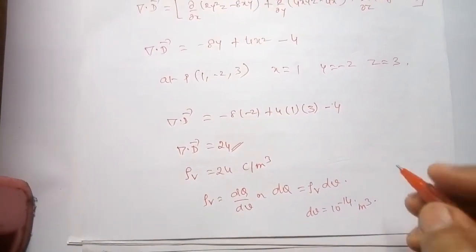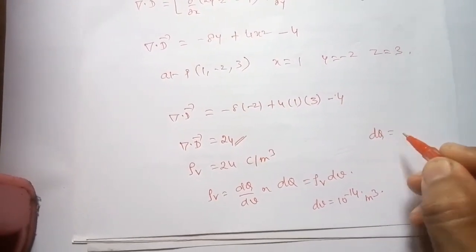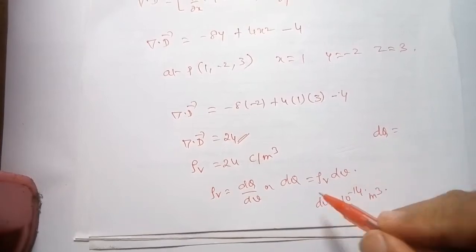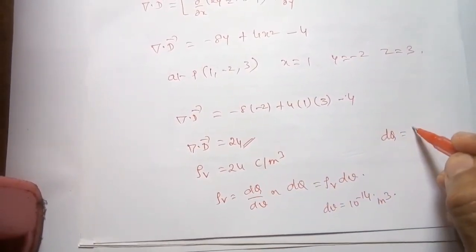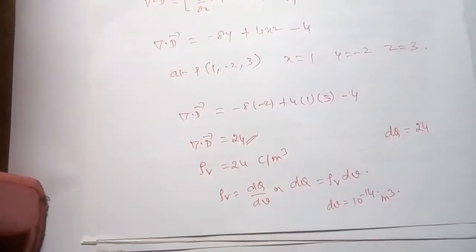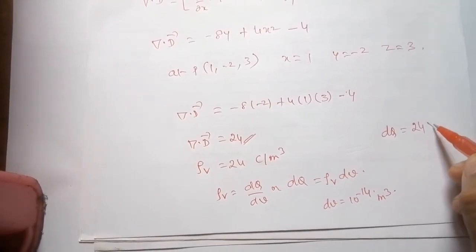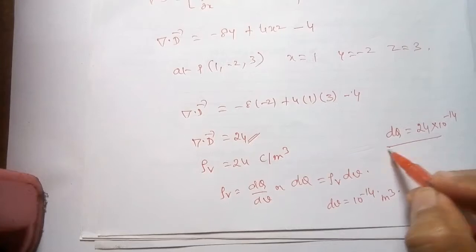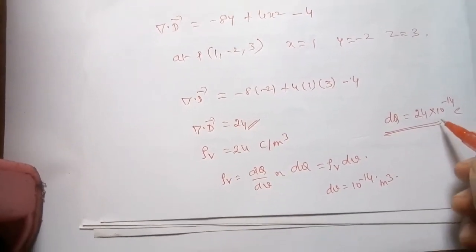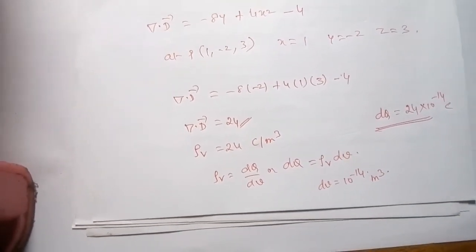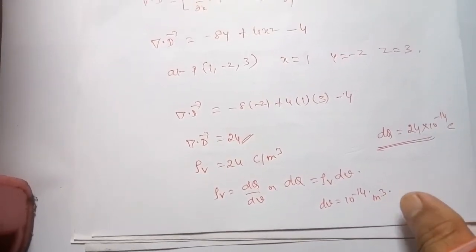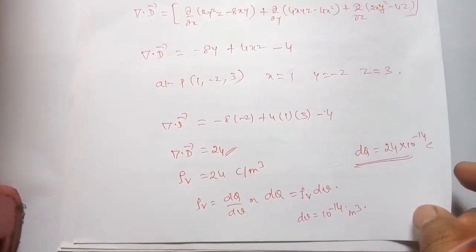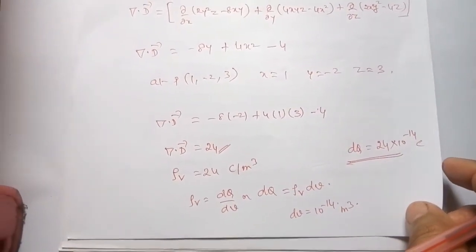So therefore, on substituting, dq is equal to rho v, which is 24, into dV, which is 10 to the power minus 14. So therefore dq is equal to 24 into 10 to the power minus 14 coulomb, which is the charge enclosed, the total charge within the volume. So let us move on to the next type of problem.